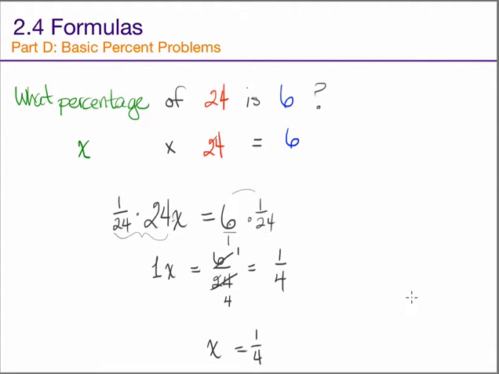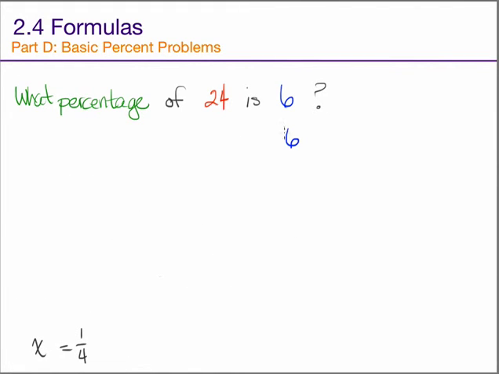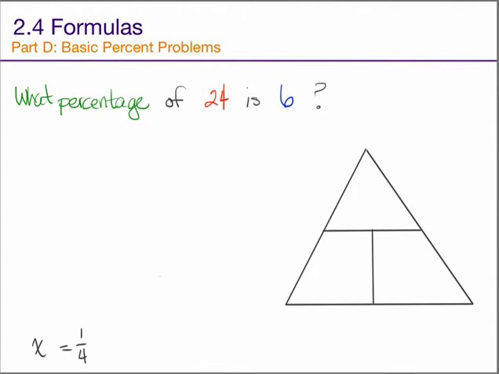Let's try it with our triangle. I'll move this answer over here so we have it to refer to. We'll look for the word of and take the things either side of that word. On the left-hand side, we have what percentage?